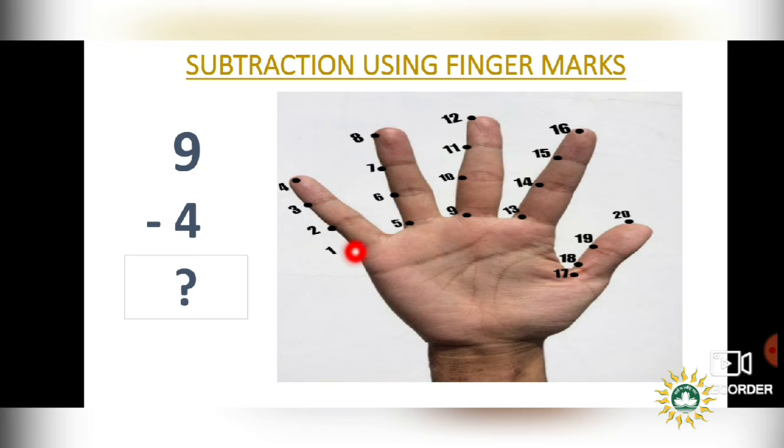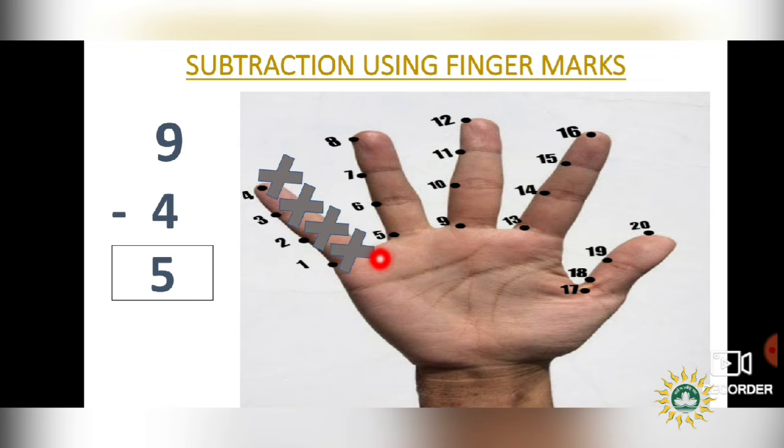So let's count 9 finger marks from here. 1, 2, 3, 4, 5, 6, 7, 8, 9. Now from these 9 finger marks, we have to subtract 4 finger marks. So let's cross out 4 finger marks from here. 1, 2, 3, 4.